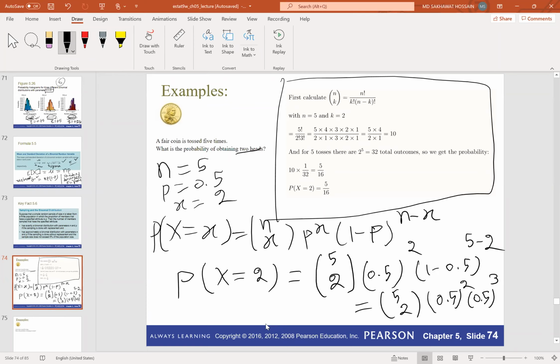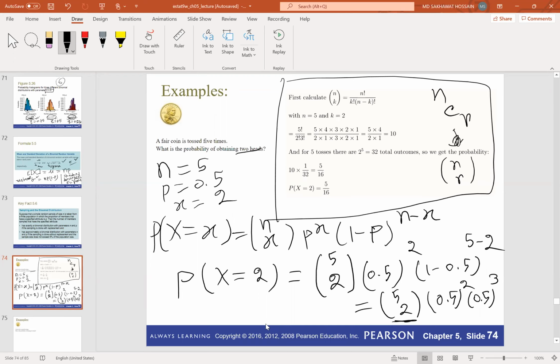Now you can use a calculator. In your calculator, to find this one, you should use the NCR function, or you will see this symbol, NR.